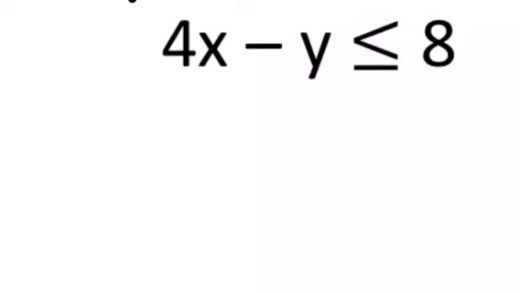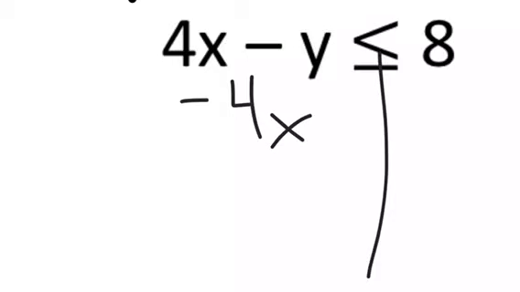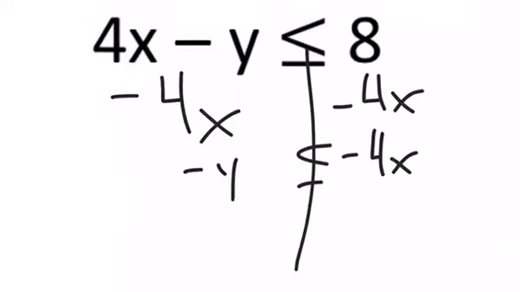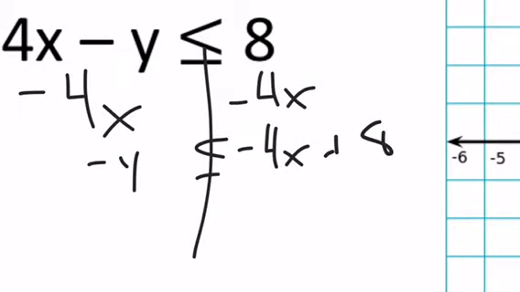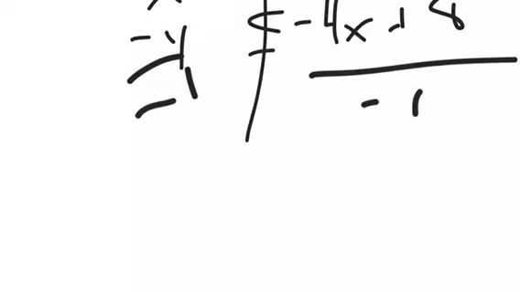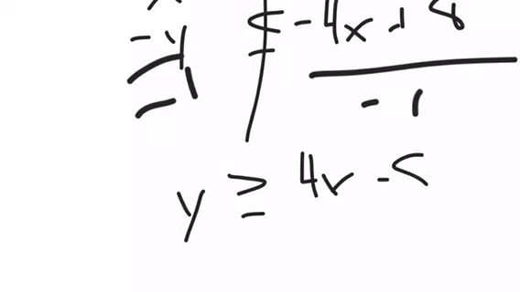Go ahead and do the final you try. Alright, so it is an equal to, so we're going to have a solid line. Subtract 4x first. We have negative y less than or equal to negative 4x plus 8. We divide everything by negative 1. So since we divided by negative 1, we have to flip our sign. Negative 4x divided by negative 1 is positive 4x. 8 divided by negative 1 is negative 8.